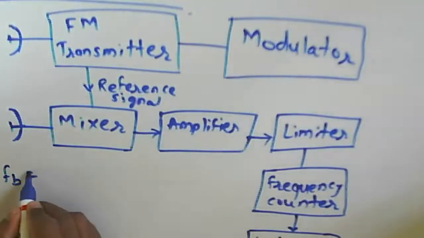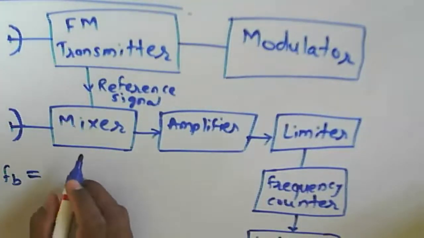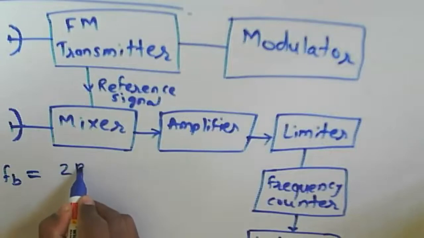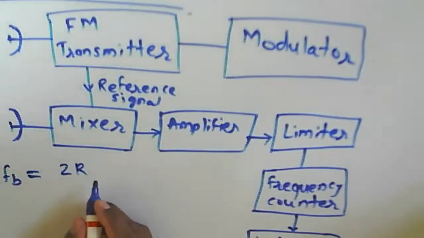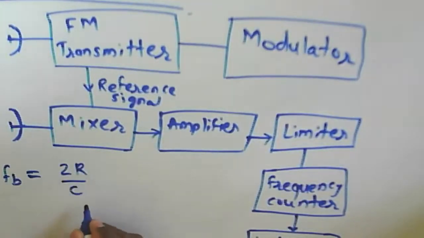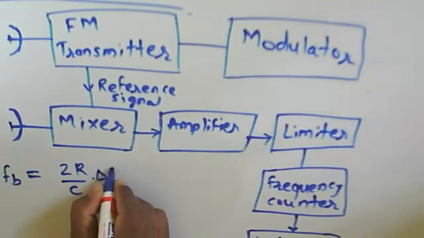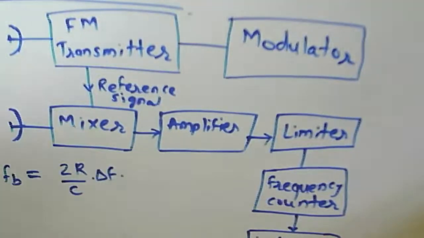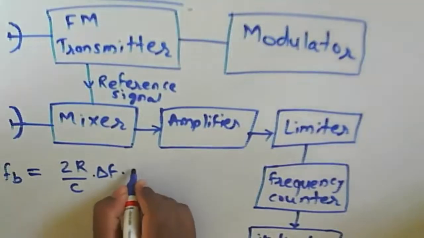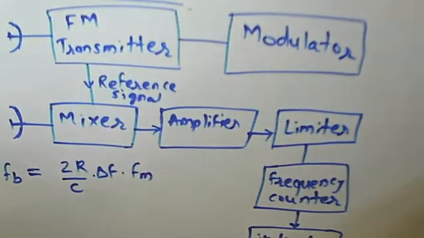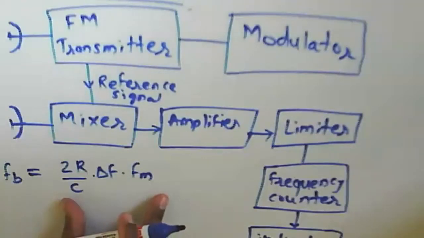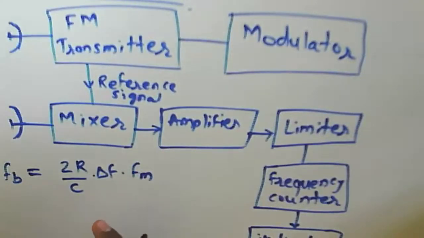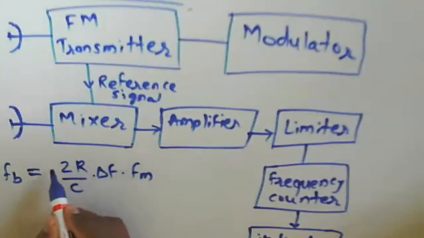Okay. So in that case, for example, suppose we consider a sawtooth one. So this will be 2R by c, and there will be a small deviation in the frequency, that is delta f, and there will be the fm here. Now this one is exactly the beat frequency, but due to the Doppler shift, there will be changes in the frequency.